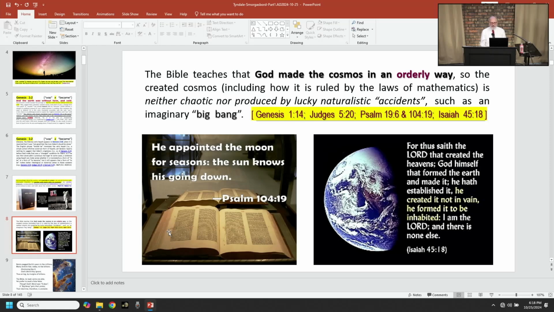Because reading the Bible gave those who read it and took it seriously a confidence that the universe is orderly because the universe was made by an orderly God who is logical and who is consistent and is not random or frivolous.